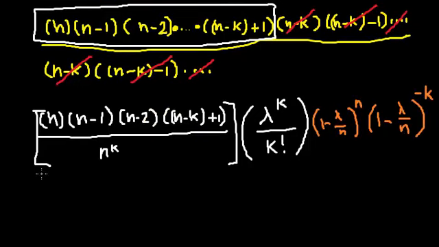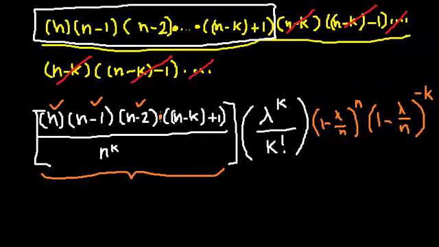Alright, perhaps we can still do something about this. And you notice that this expression on the numerator, which is n times n minus 1 times n minus 2, etc., which is right here, with a lot of other terms in there, times n minus k quantity plus 1, is a polynomial.